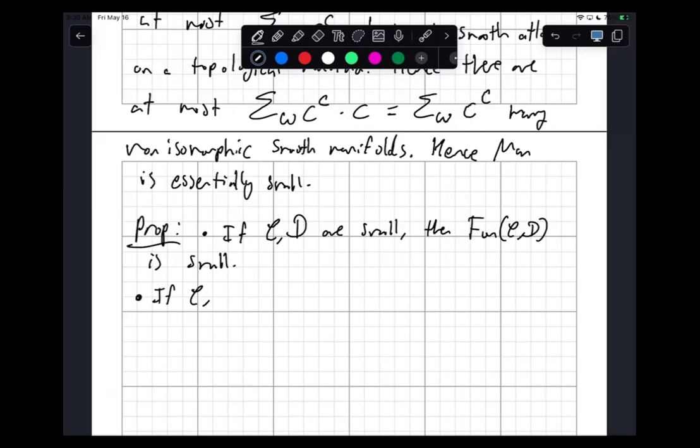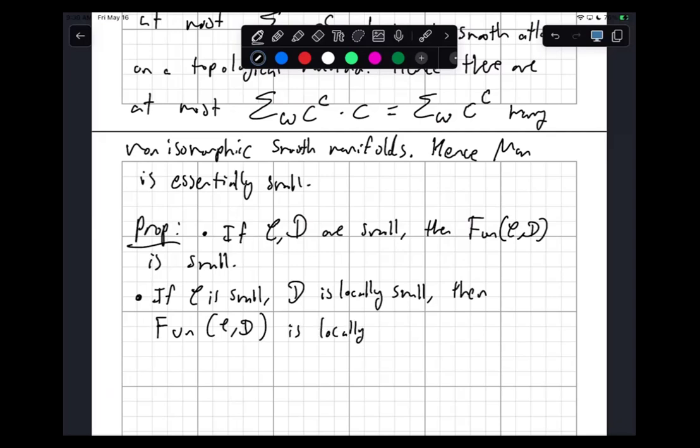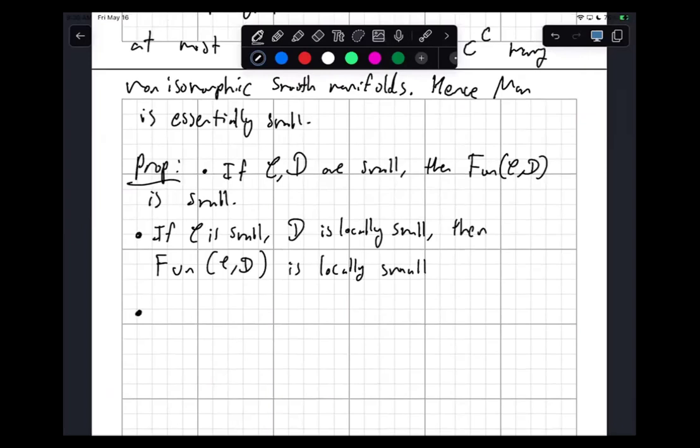If C is small, D is locally small, then Fun(C, D) is locally small. So if I have a small category and I take the category of sets, that's a locally small category.